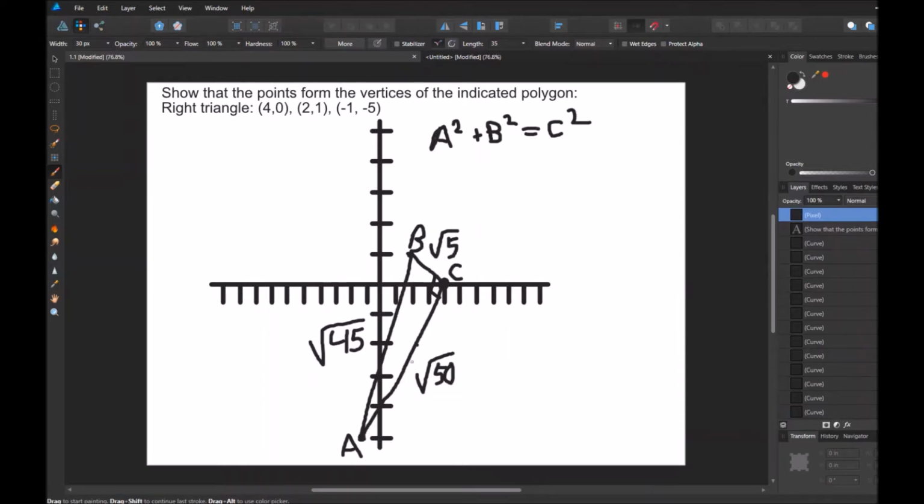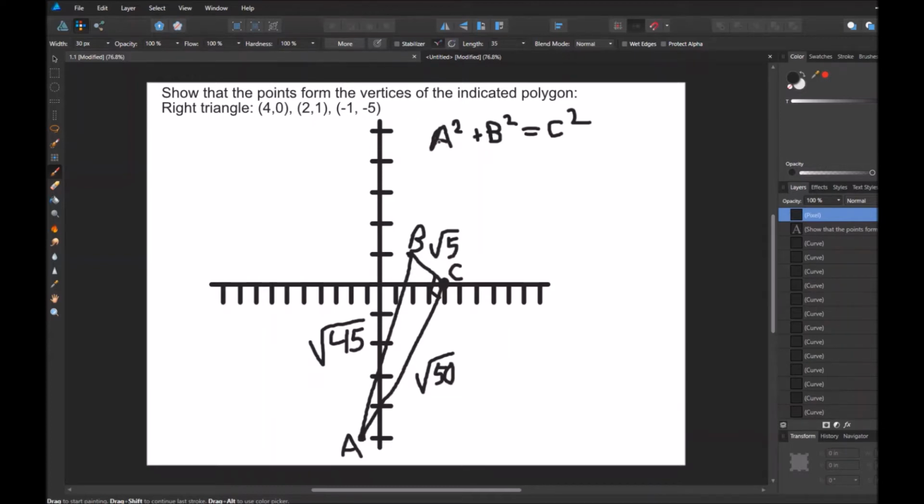So our c squared would be root 50, and then for a squared and b squared, you can either call them root 45 plus root 5, or root 5 plus root 45. Those things would be squared, by the way, because it's a squared plus b squared. But the main idea here is that you can switch the other two lengths around. It doesn't matter because addition is commutative.